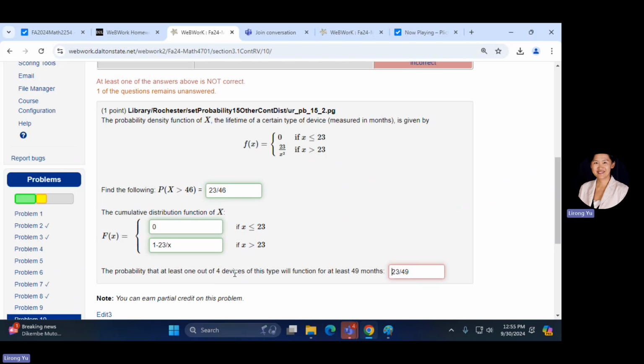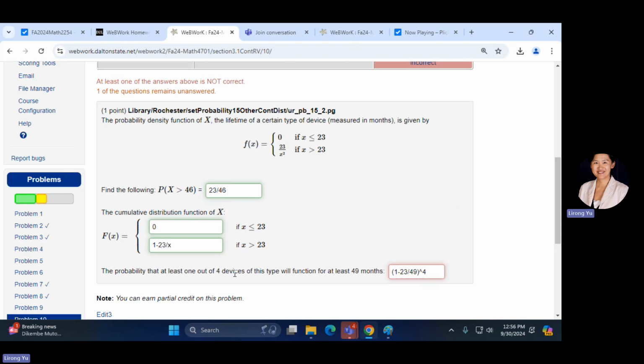If they didn't last 49 months, it's 1 minus, following the CDF. That's the probability for one device to last lower than 49. And then we're talking about 4 devices, all of them lasting below 49. So if it's 4 devices, you raise it to the power 4. This is the probability that all 4 of them last less than 49.